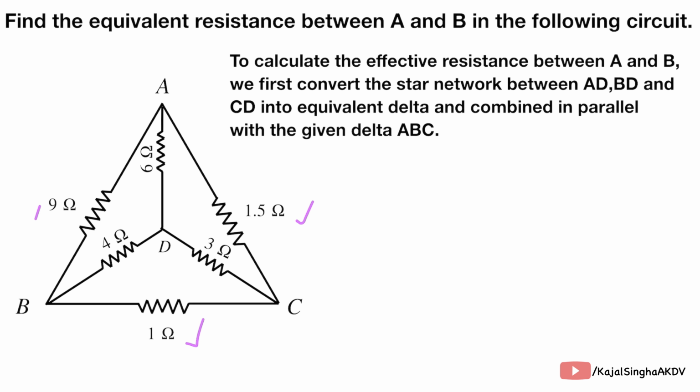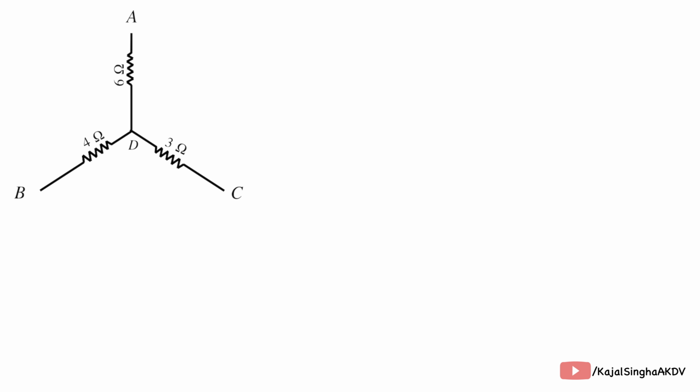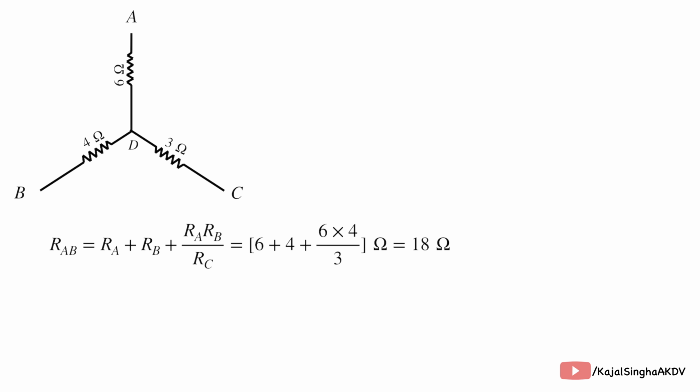Now the star network is like this, where three resistors of value 4 ohm, 6 ohm and 3 ohm are connected between points AD, BD and CD respectively. When we convert the star network into an equivalent delta network, we have to find the resistances RAB, RBC and RAC. These are calculated as RAB equals RA plus RB plus RARB by RC.